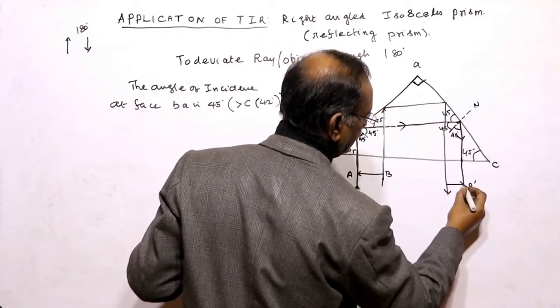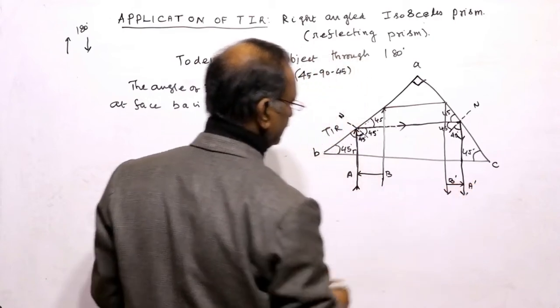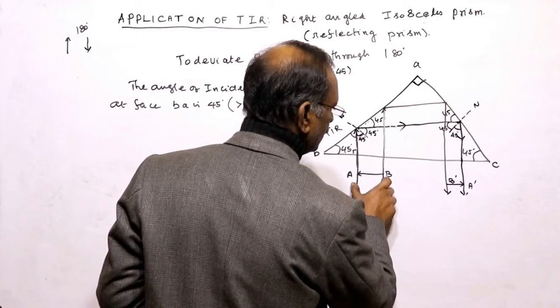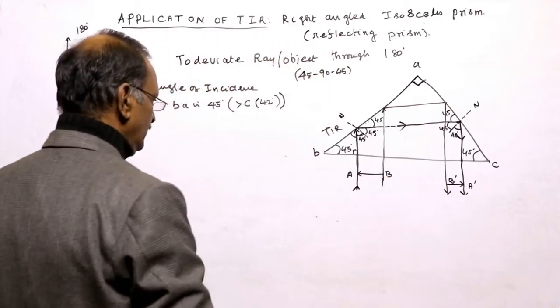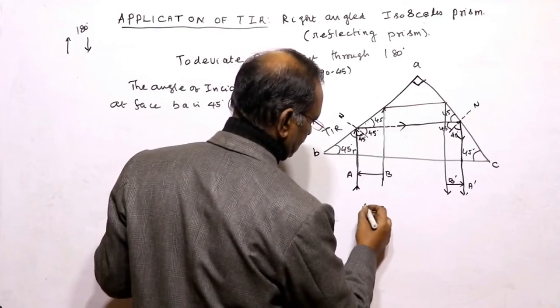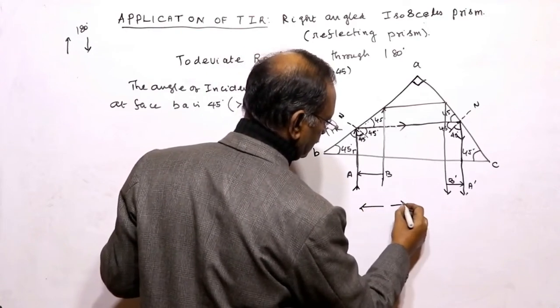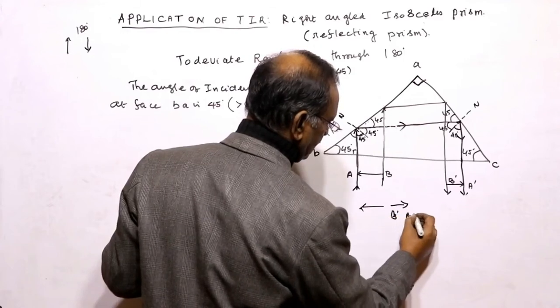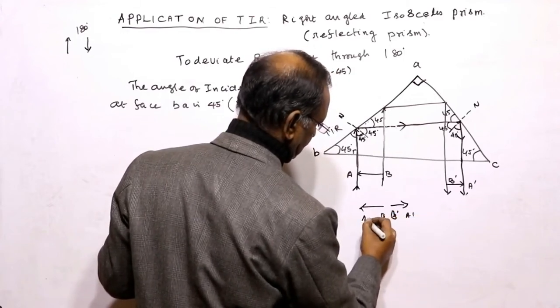So this will be B dash. Though the figure is not exactly right, both the size of the object and image will be the same. The object is kept this way and it is inverted through 180 degree. B dash, A dash, and this is B, A.